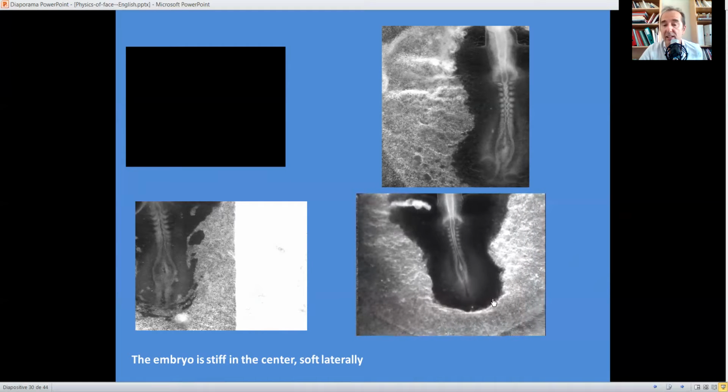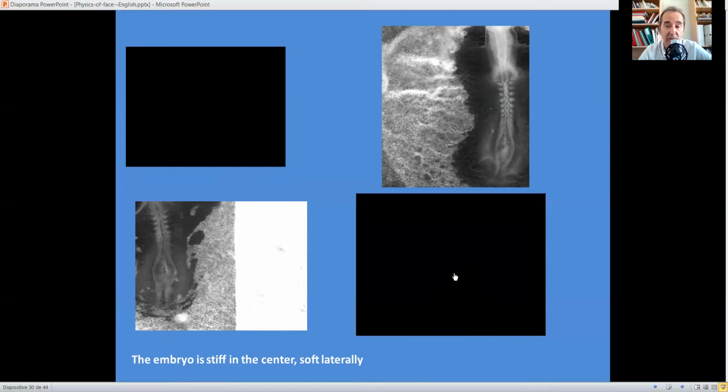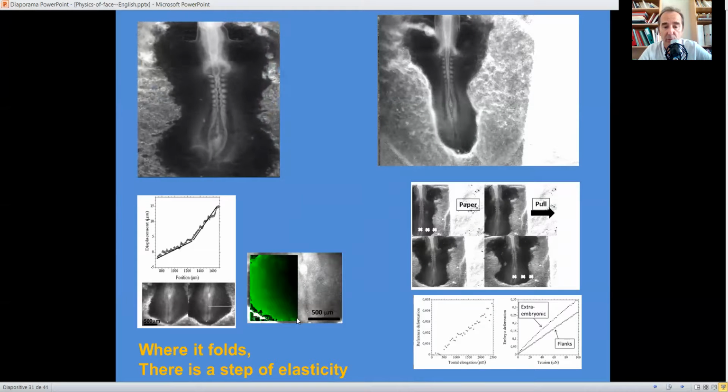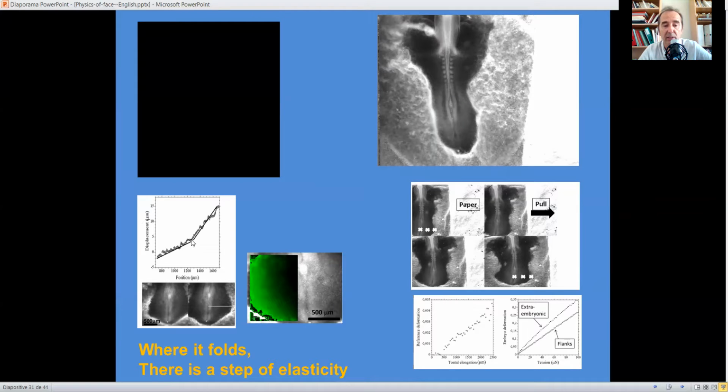So in fact, the area where cells are bigger is soft, and the area where cells are smaller is stiff, okay? So you can do a cross section of the embryo, you pull on it, and you see that there is a sharp variation at some point, which is the boundary between the small cells and the big cells.